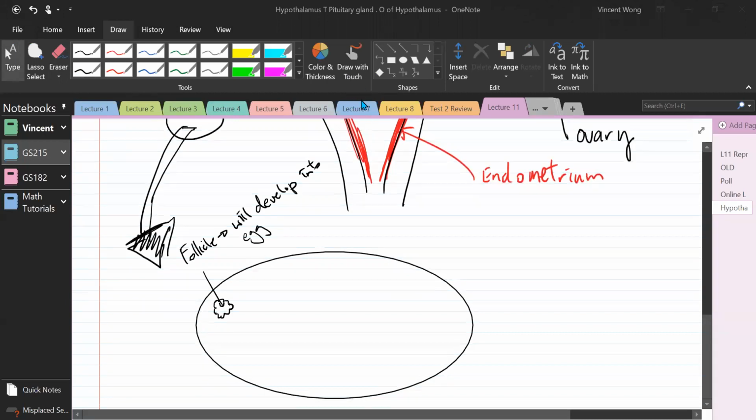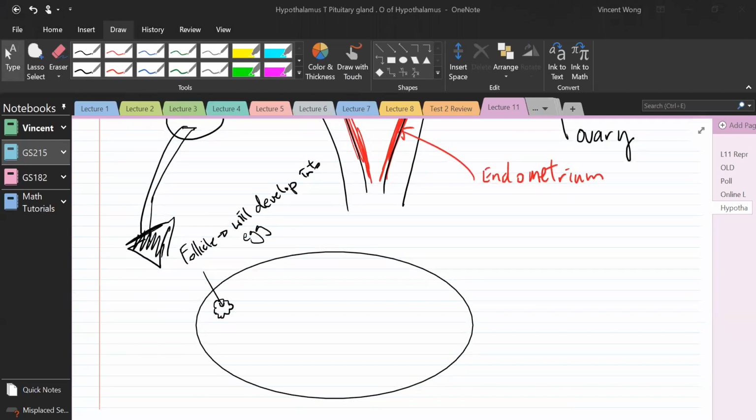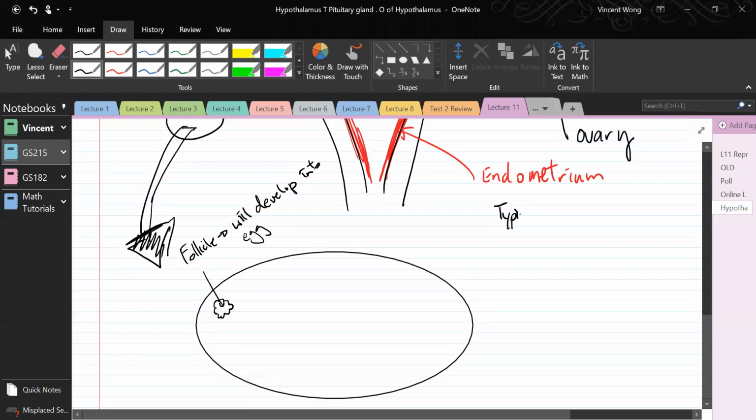So what happens in the menstrual cycle is we have the first half and the second half. We can say in a typical 28-day cycle, of course it varies from person to person, it might be longer, it might be shorter, but just consider a typical 28-day cycle.